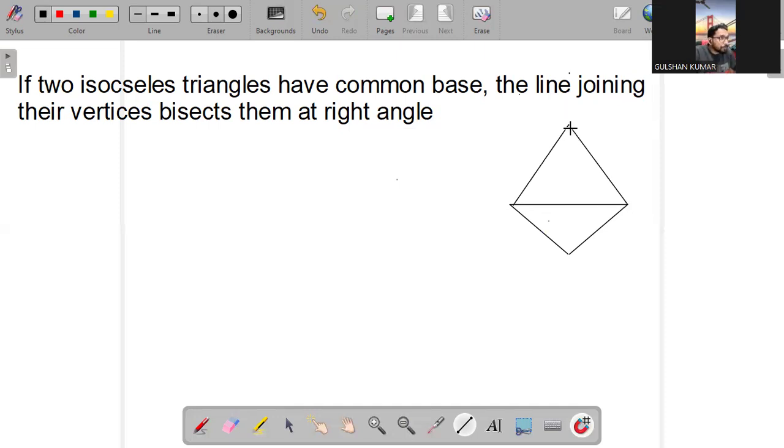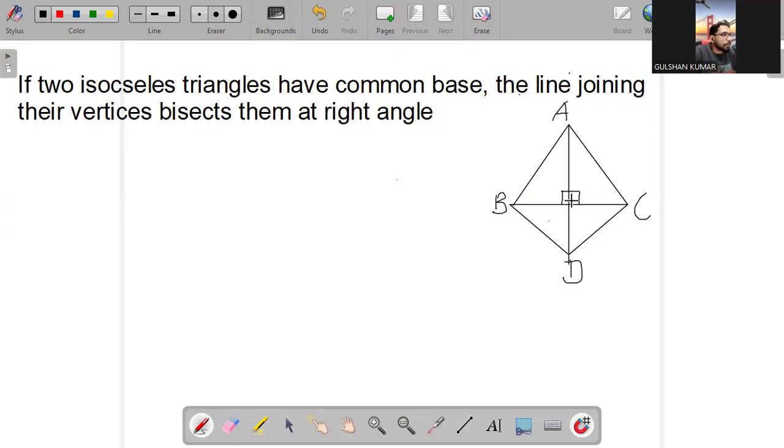We are mentioning it as A. This is B, and this is C. So it will be D. Now we have a line joining from here to here, that is A to D. When we connect them, this will bisect both the triangles at 90 degrees, that is the right angle.